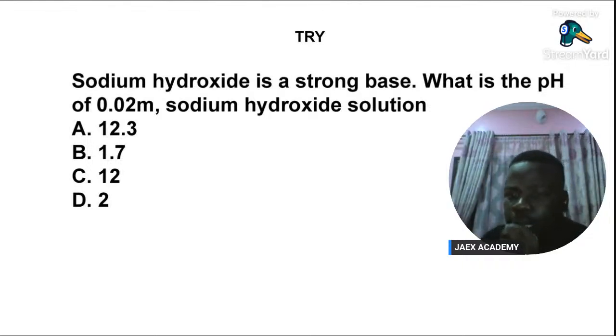So the formula is pH plus pOH equals 14. Collect like terms: 14 minus 1.7 equals 12.3. Guys, the answer is A.